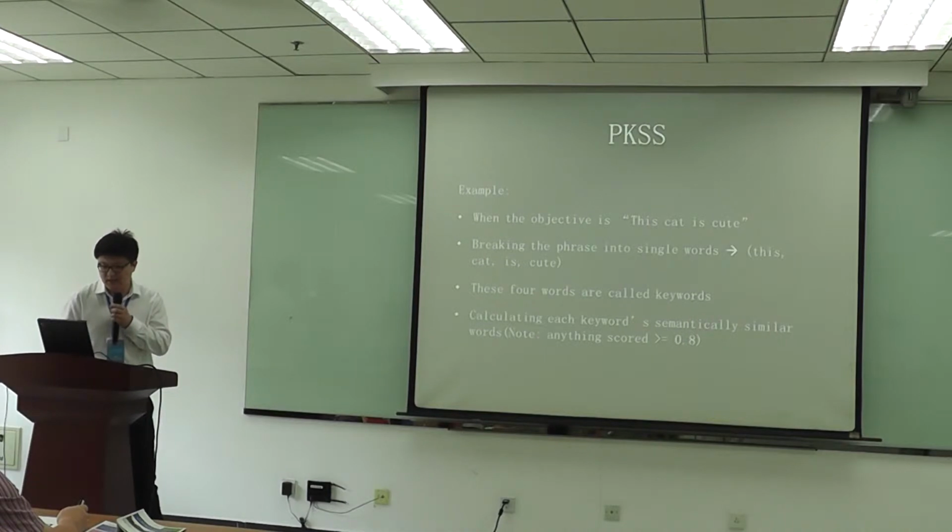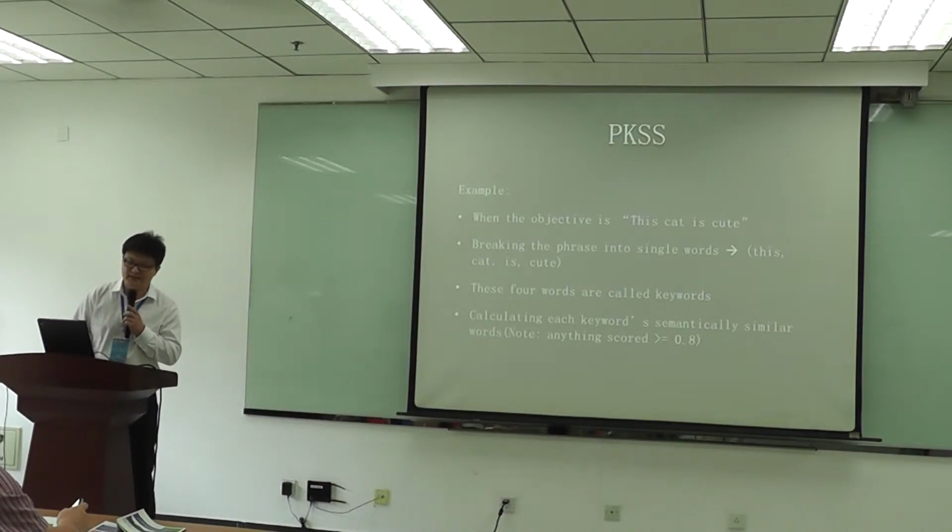For example, when the objective is this cat is cute, we first break the phrase into single words. Then it becomes this, cat, is, and cute. These four words are called keywords, and then we calculate their semantically similar words.